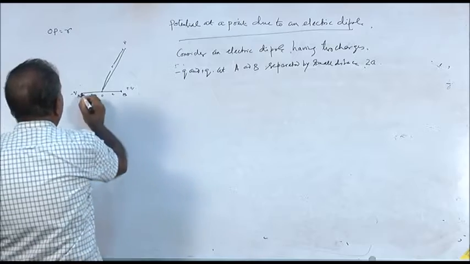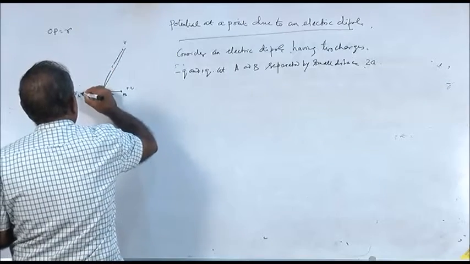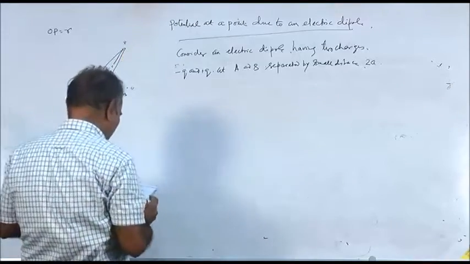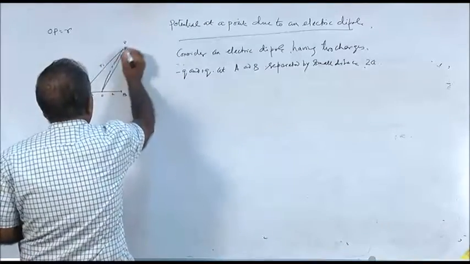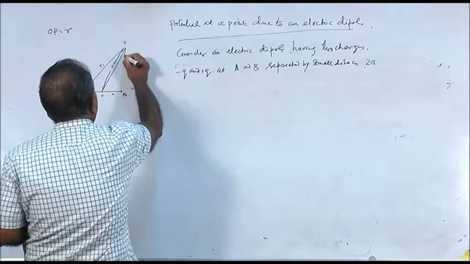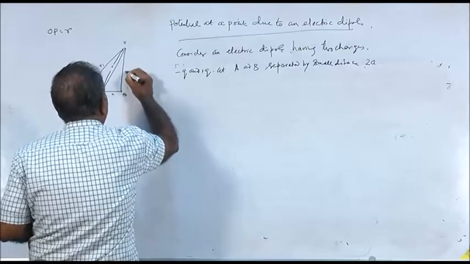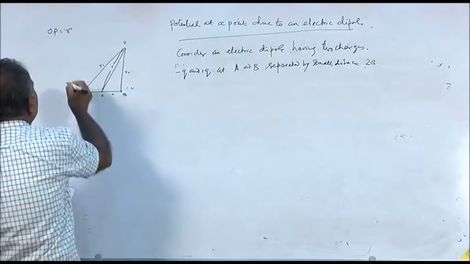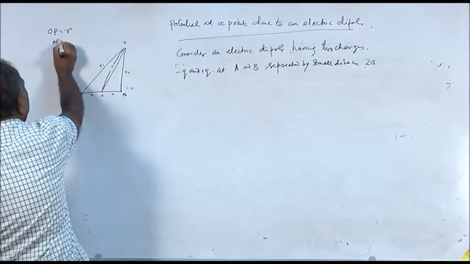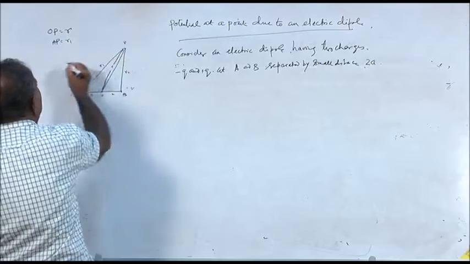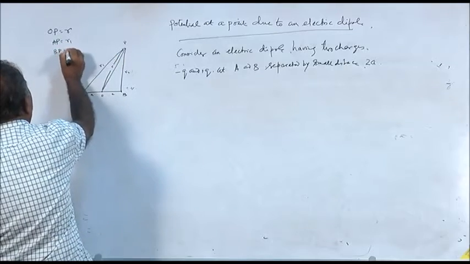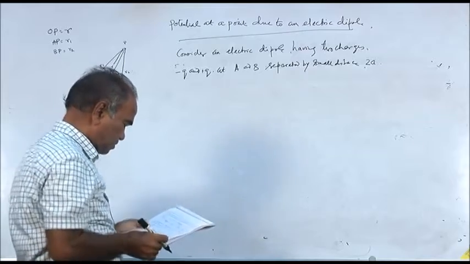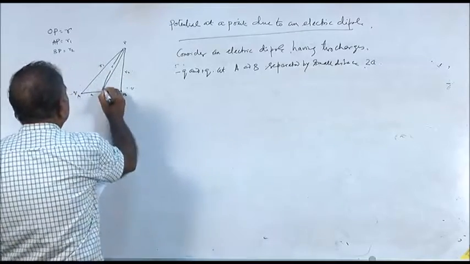Then this charge will be at a distance of r1 from point P. Similarly, this will be at a distance of r2. That means AP is equal to r1 and BP is equal to r2. And this angle is theta.